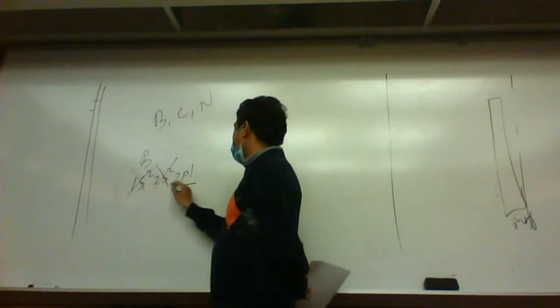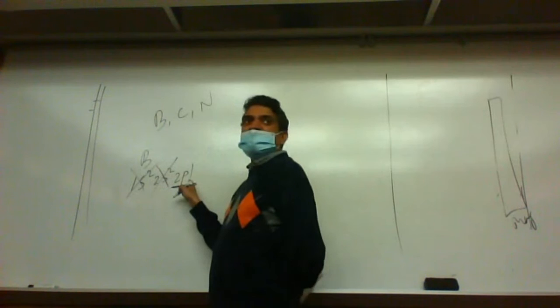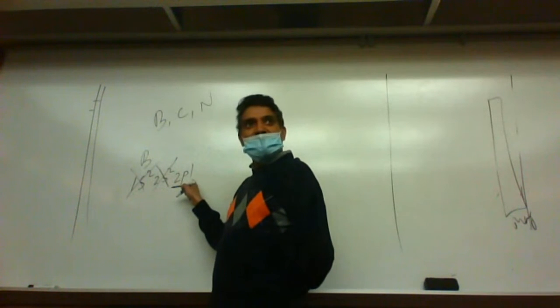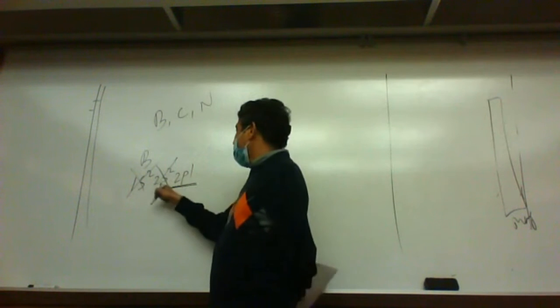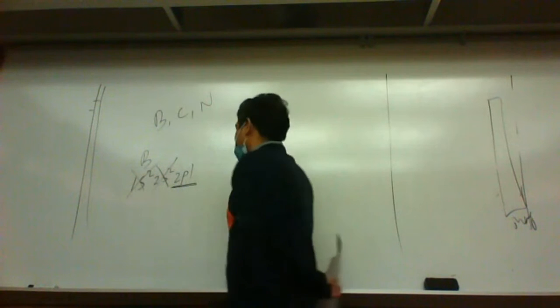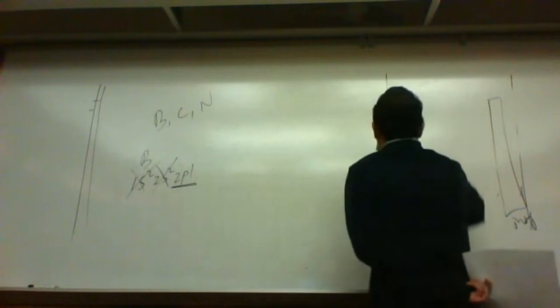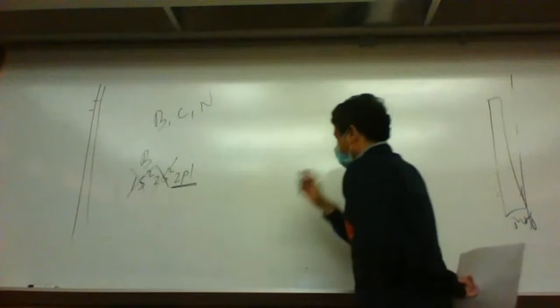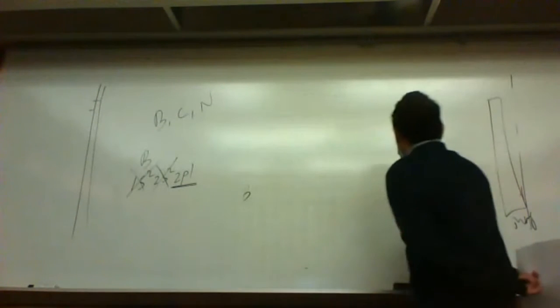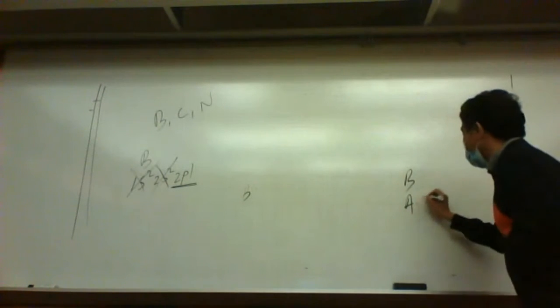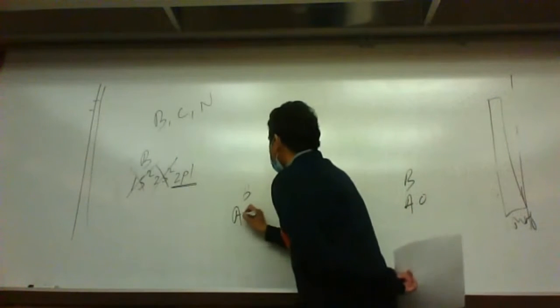So we are only interested in the unfilled orbital. Make sense? You can make all of them at first, so let's do that. I have this boron atom and this boron atom, so atomic orbital of boron and atomic orbital of boron.